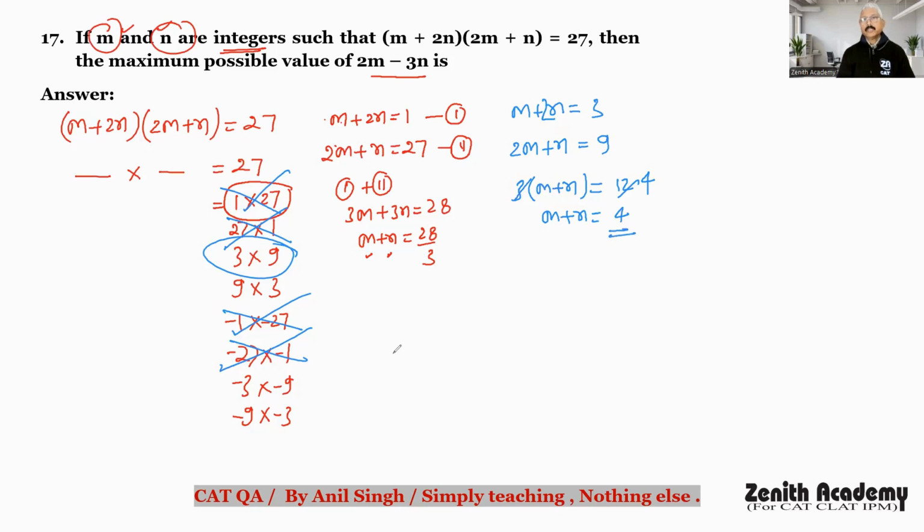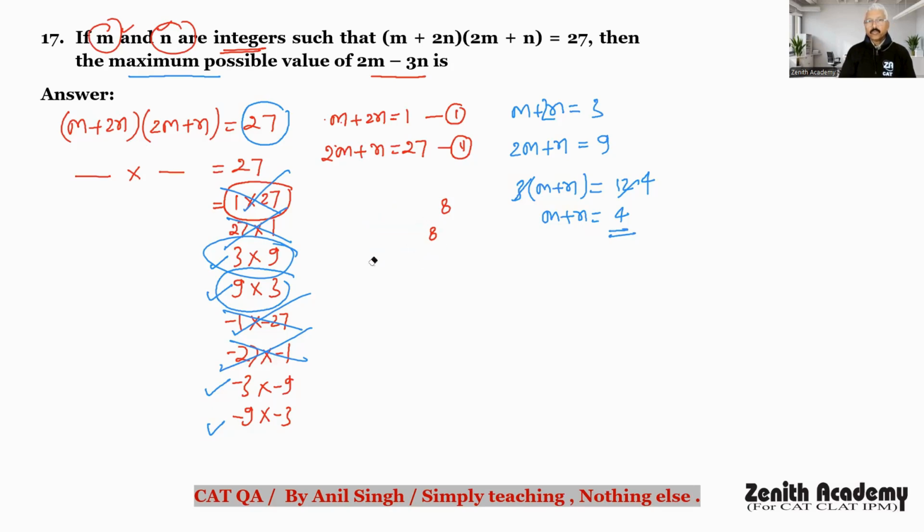There is a possibility. So it means 3 and 9, 9 and 3, minus 3 and minus 9, minus 9 and minus 3. These four factor pairs of 27 can be checked, because we have to find the maximum possible value of 2m minus 3n. So the point is clear. Let us check these four factors.